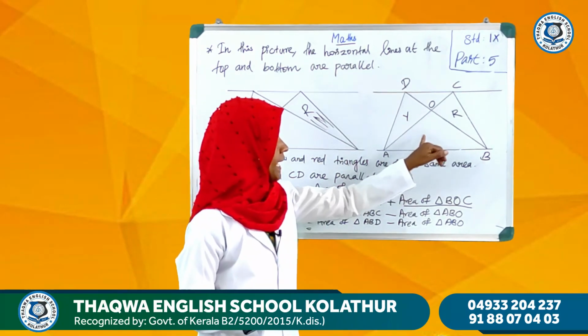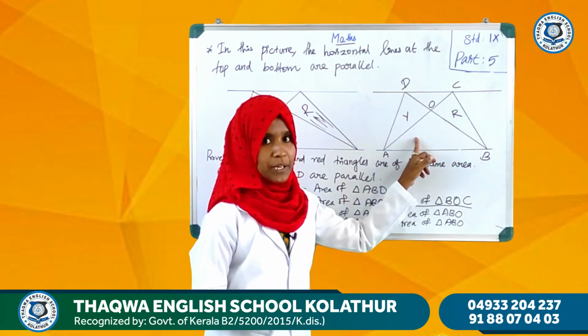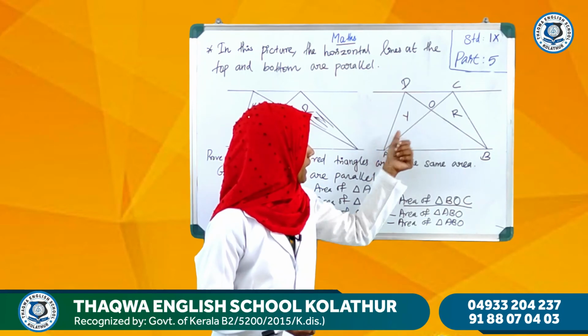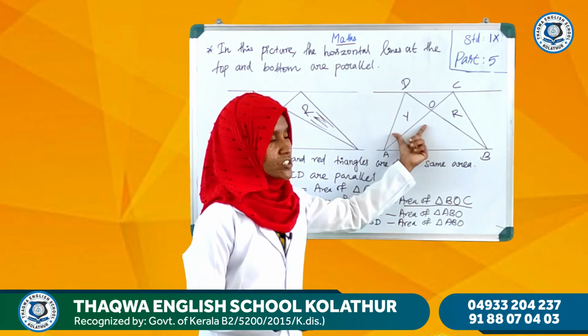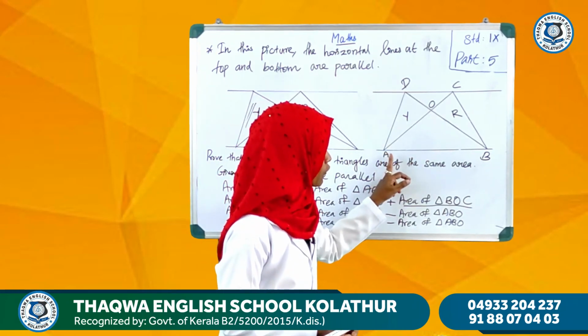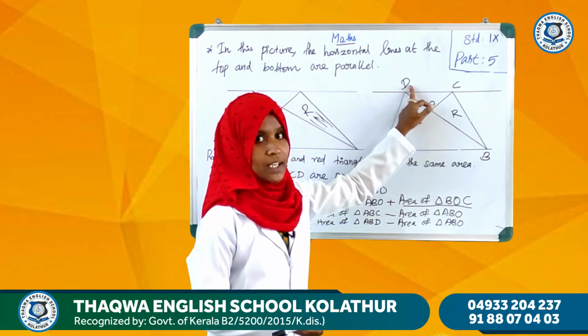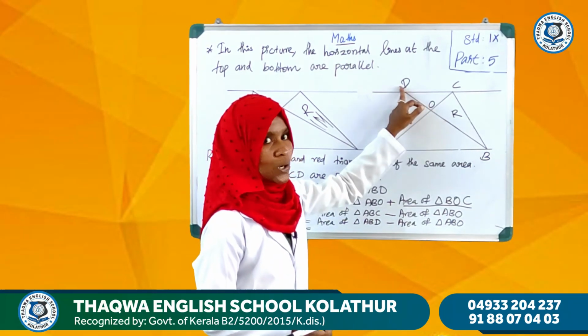Now listen, area of triangle ABD is this big triangle. If you subtract area of triangle ABO from area of triangle ABD, what we get? Area of triangle AOD.